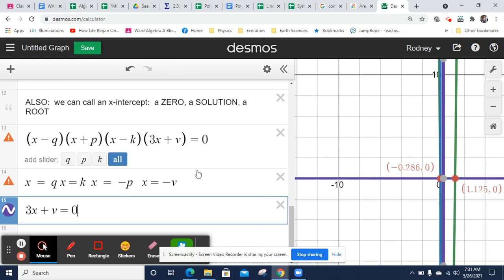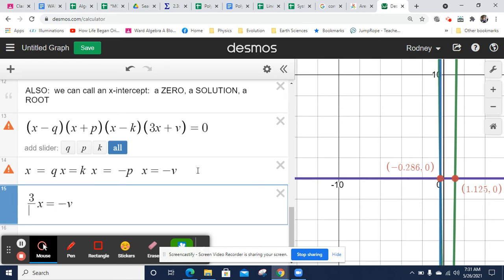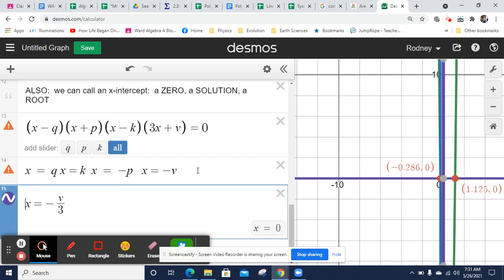So I would subtract v from both sides. So v goes away on the left. There's nothing wrong with doing it with letters, in fact, it's just less calculation. And then I'm going to divide both sides by 3. And the 3 over 3 is 1. So x would be negative v over 3.